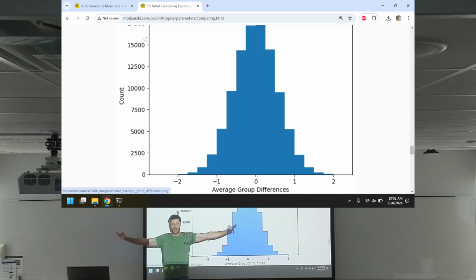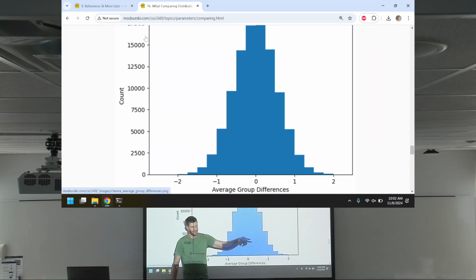For every one of the million, I calculated the drug group's average recovery time and the placebo group's average recovery time, calculated their difference, and plotted it here. I did that a million times. And this is the average group difference plotted. Okay?